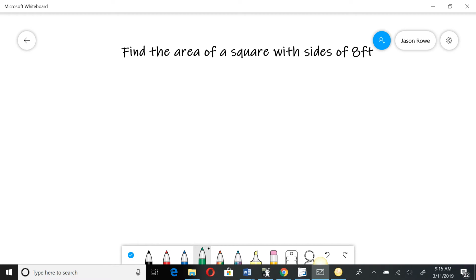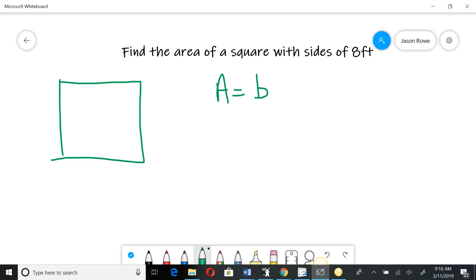All right, so we also have one that says find the area of a square with sides of 8. Any parallelogram, whether it's a square, rectangle, parallelogram, or rhombus, all of them have the same formula. Area equals base times the height.